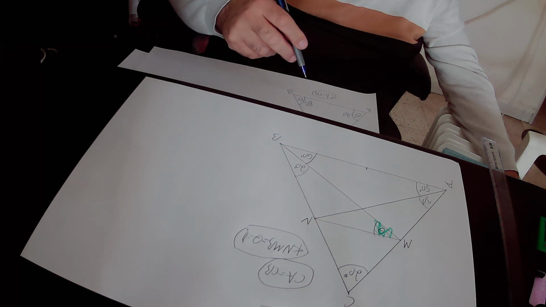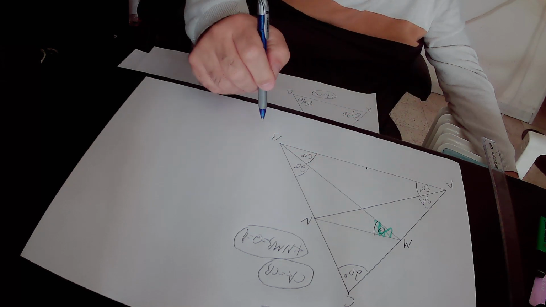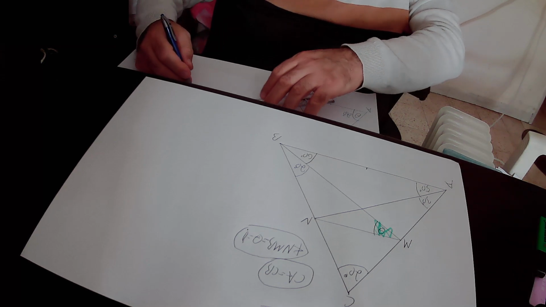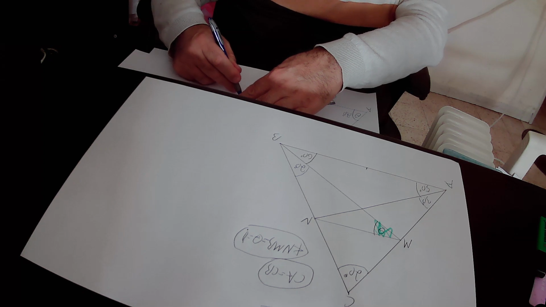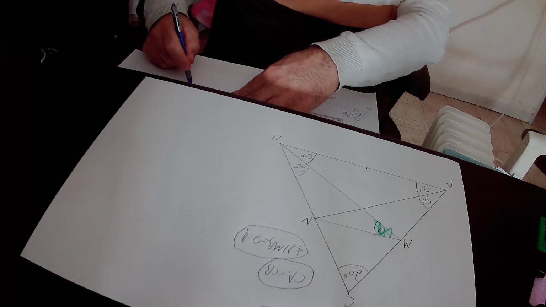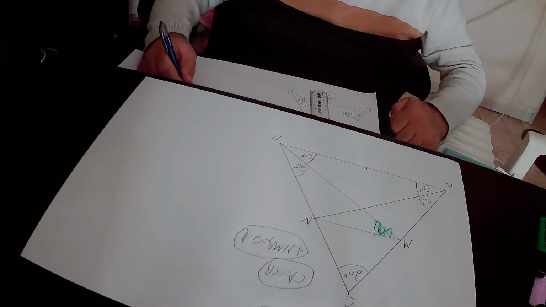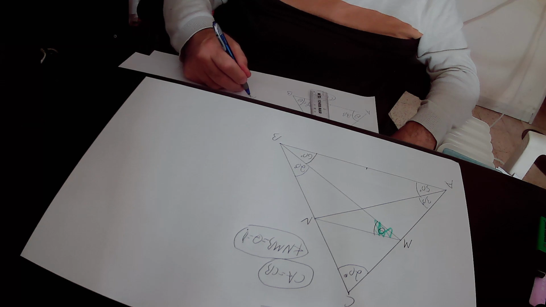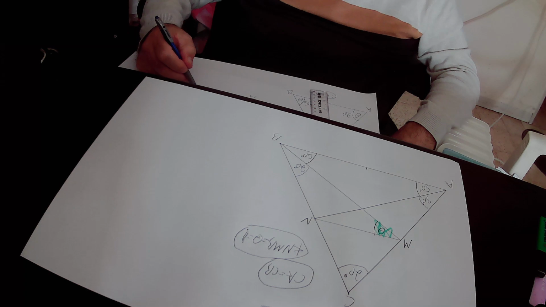The next step, we'll focus on triangle NAB. So I will copy triangle NAB in a new page and we will analyze it. This is angle theta that is equal to 80 degrees.